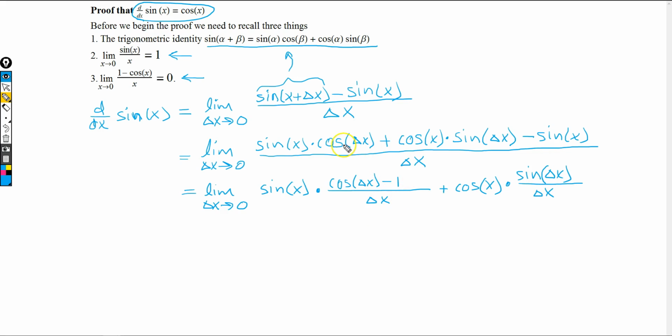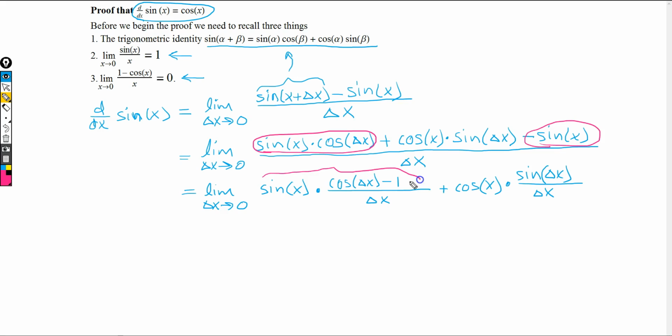So what we did here is we combined these two terms, this term and this term, with a negative. We factored out a sine x, so that is right up here.